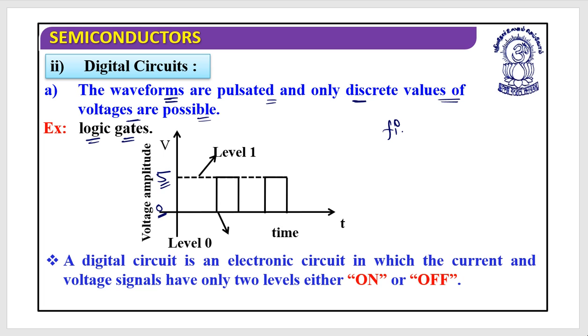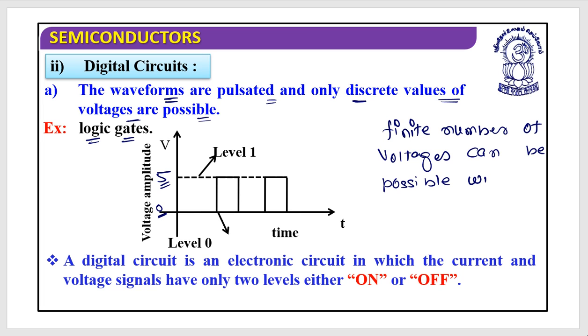That is, a finite number of voltages or any quantity can be possible within a given range.